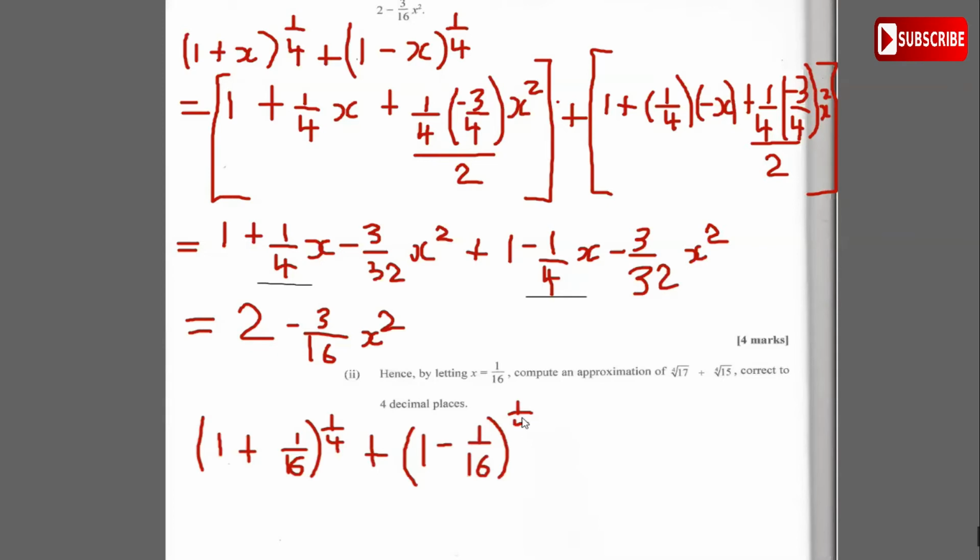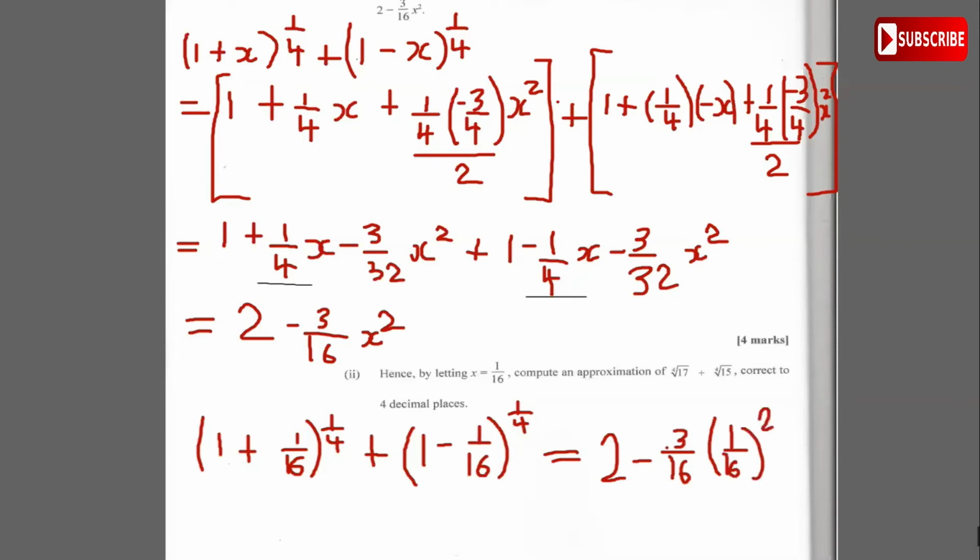That's going to be equal to, we're substituting x as 1 over 16 in this formula. So we're going to get 2 minus 3 over 16 times x, and x squared in this case is 1 over 16 squared.